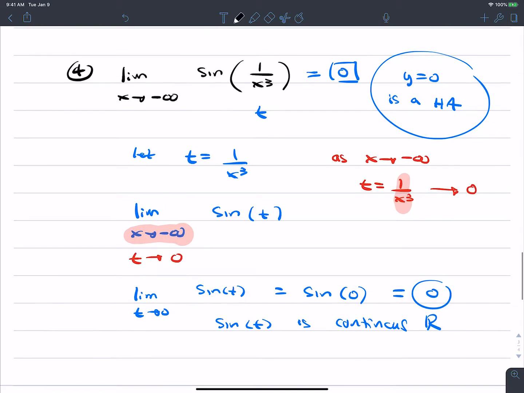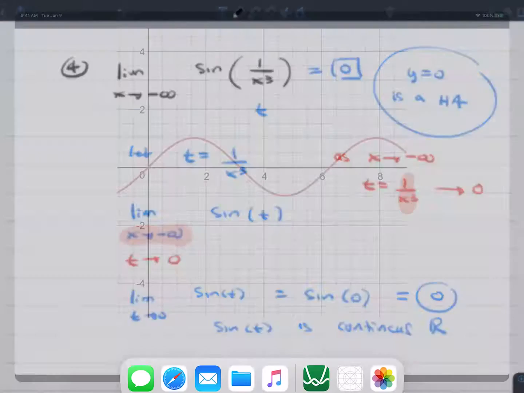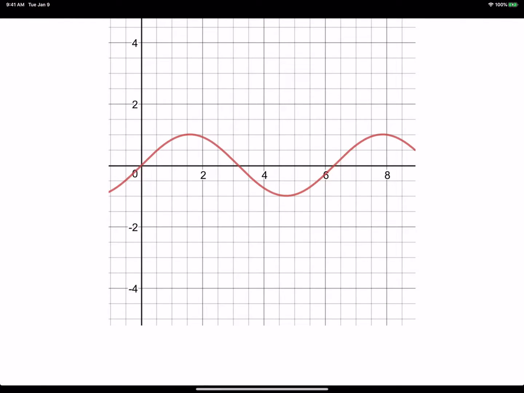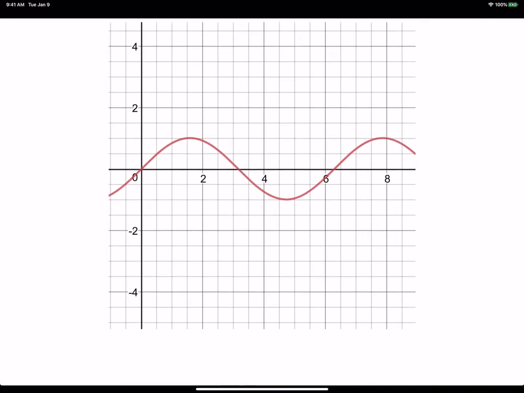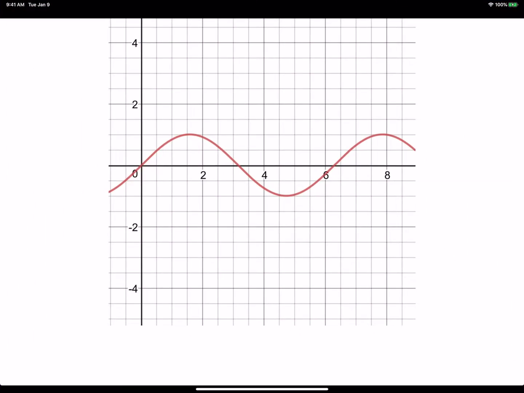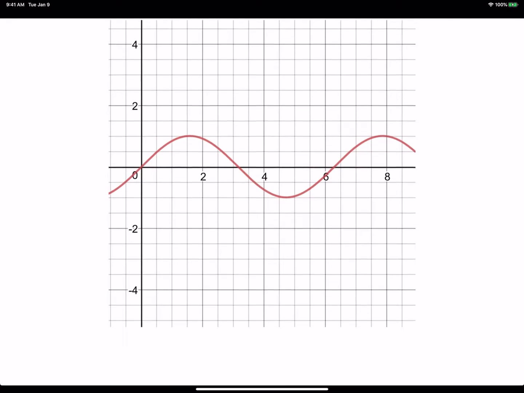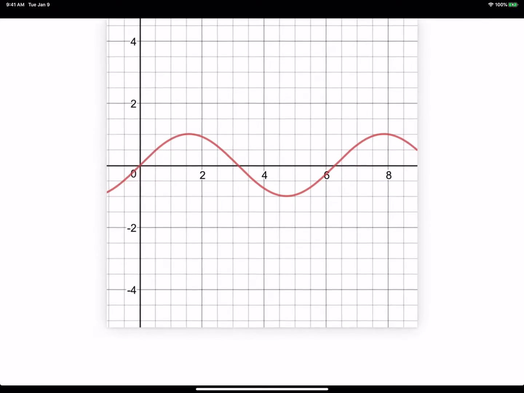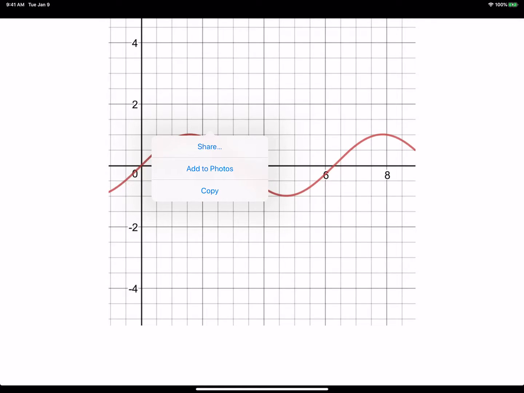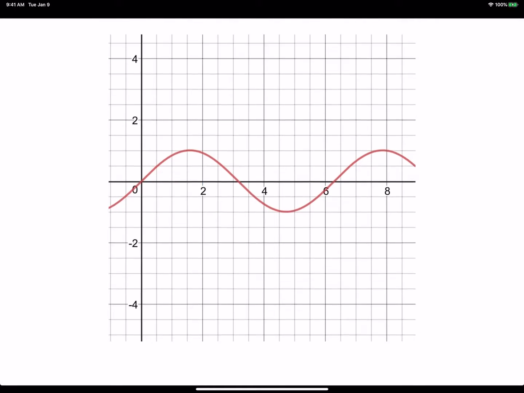And then maybe just to take a look here, I'm going to try to do something. Let's try this out. This is sine of 1 over x cubed, right? Sorry. Let's get rid of this curve. How do we get rid of this? Yeah, there's a little glitch here. I was going to show you something very interesting. It's okay.